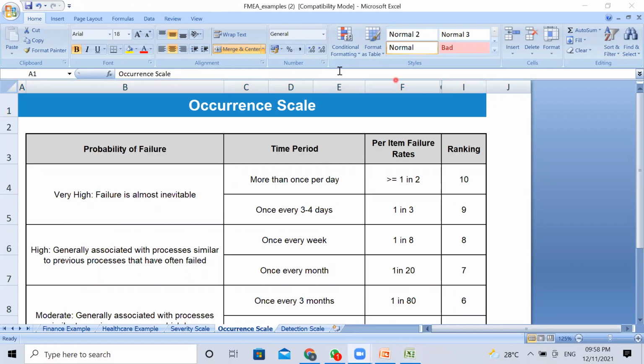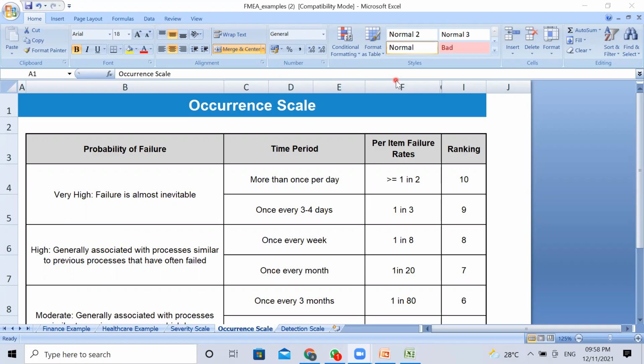As I told you, this FMEA is useful for the service industry also. When I was doing project reviews for Six Sigma projects in Amazon, both green belt and black belt projects, in the improve phase the FMEA was actually one of the mandatory actions they had to take. It is part of the checklist.